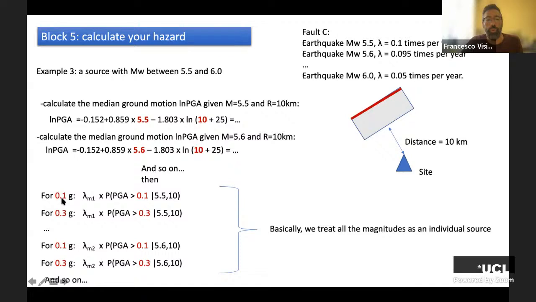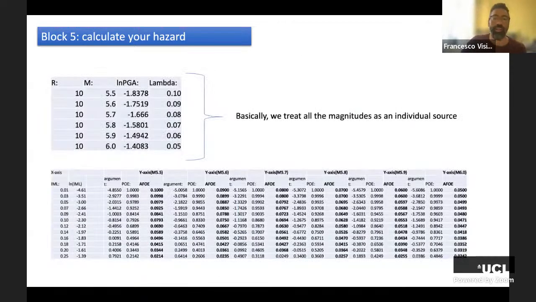For example, for 0.1g, the lambda of magnitude 1; for 0.3g, the lambda of magnitude 1 multiplied by the probability of exceedance of 0.3g given the same magnitude, and so on. So we have to do a lot of calculation for all the magnitudes using the appropriate lambda. Again, I have prepared the Excel where you can see all the calculations.